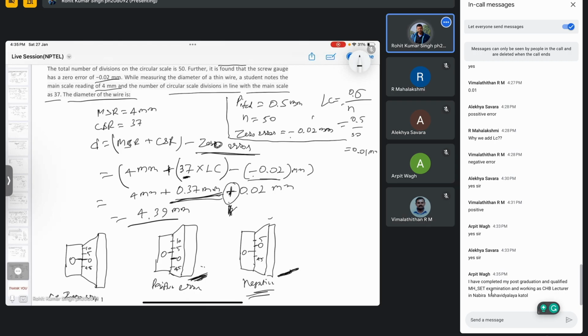So Arpit wrote, I have completed my post graduation and qualified MH SET examination and working as a CHB lecturer in Navira Mahavidyalaya, Kattur. Okay, thank you. So, do you find this course helpful?